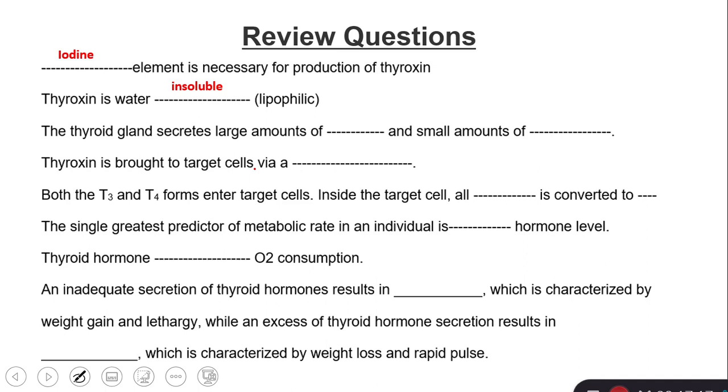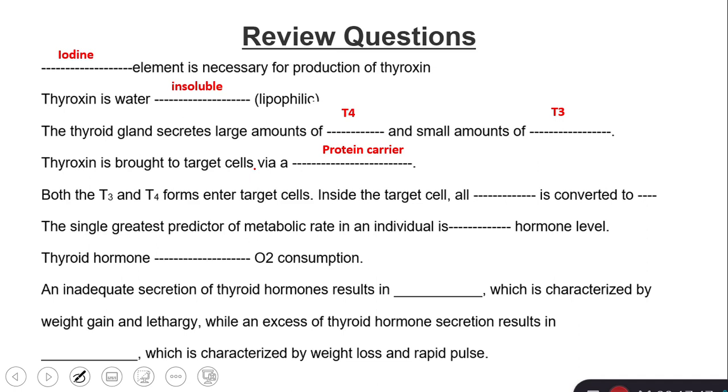The thyroid gland produces large amounts of T4, which is not active, and small amount of the active T3. Both T3 and T4 are driven to the target cells by the protein carrier. And both T3 and T4 enter the target cell.